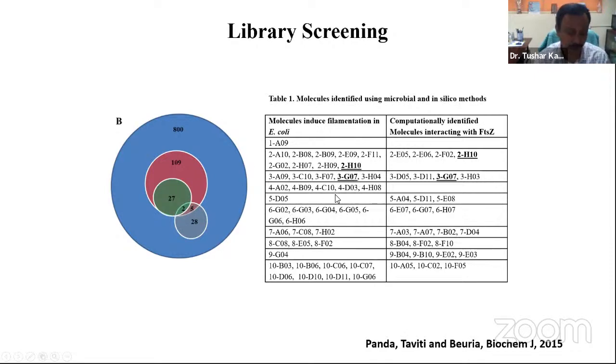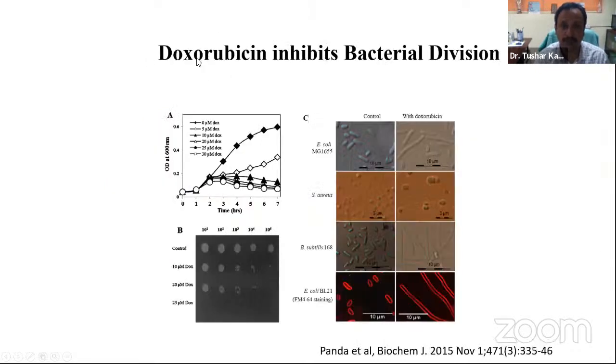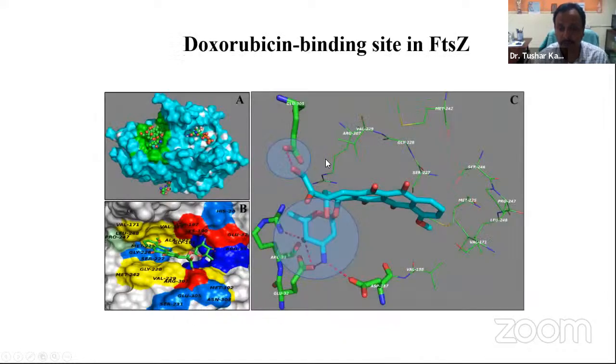One of the molecules we have already published, that is doxorubicin. You can see clear filamentation happening in the presence of doxorubicin. I'm not describing that in much detail, but we characterized the doxorubicin binding site. We identified that site, and it is a different binding site than the GTP binding site.